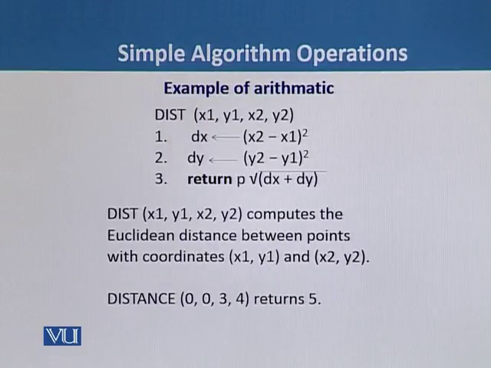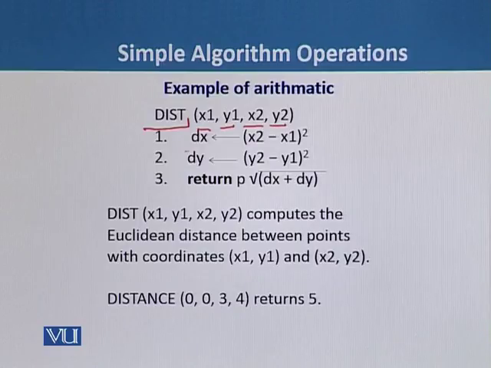Now we will see an example of arithmetic algorithm operations. If we want to calculate the distance between two points, then for this we need two coordinates, and these coordinates are needed in the Euclidean distance. For this purpose we have four values: x1, y1, x2, y2.